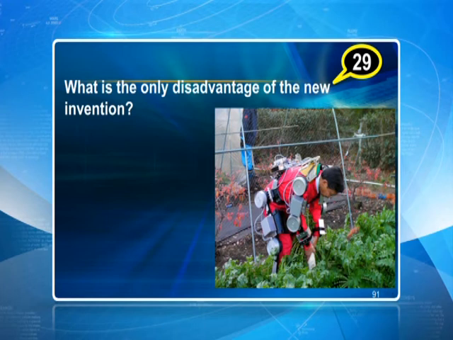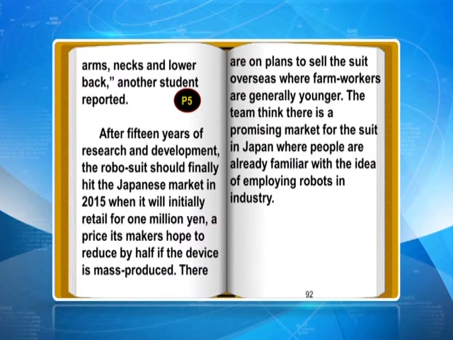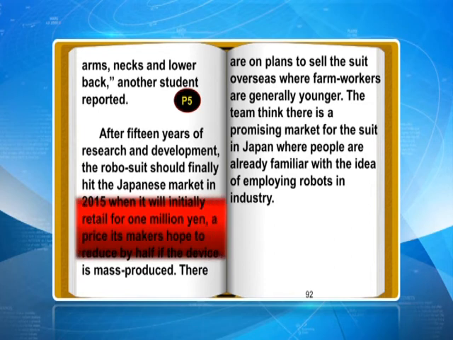We have only one disadvantage. The answer is the only disadvantage of the new invention is its high price. Why? Because it costs 1 million yen, which is extremely expensive. Let's check our answer. Okay, so it will initially retail for 1 million yen, which is extremely expensive.